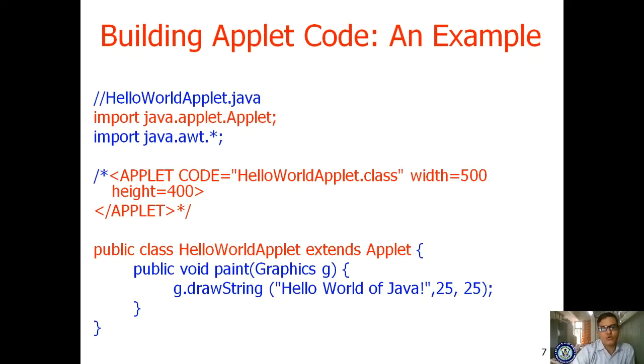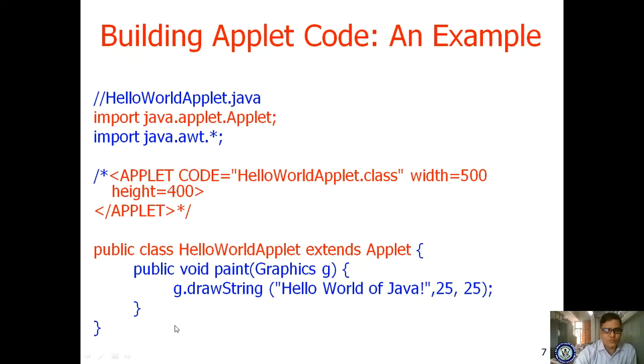Whenever you compile .java, it gives a .class file. You also use the width attribute as well as the height attribute. Actually this is your HTML code. Please keep in mind this is HTML code, and here is your applet source code. You are supposed to write this information.